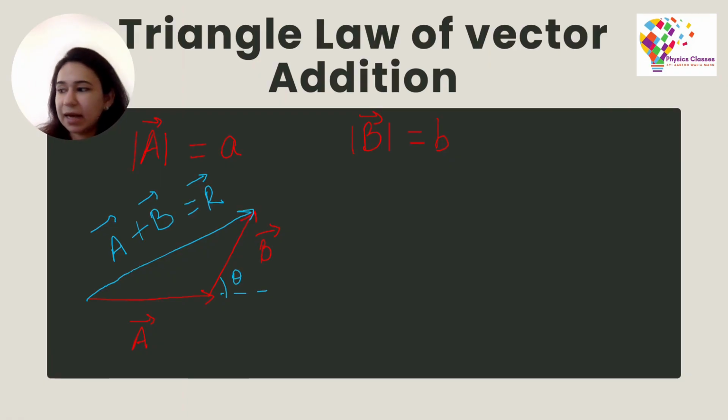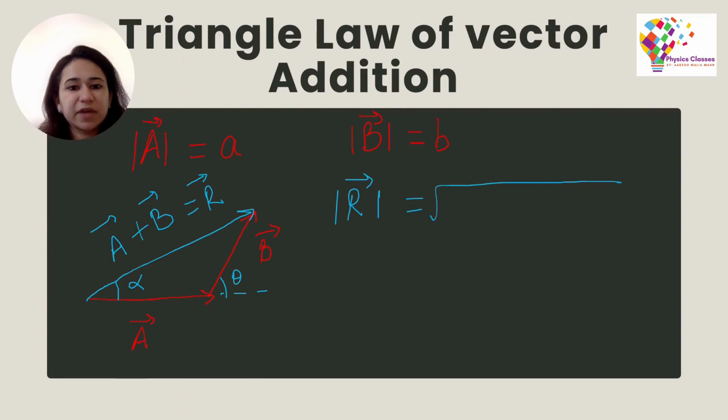Then if I want to write down the magnitude of this resultant vector, the magnitude r would be given by the root of A square, the magnitude of vector A squared, plus B square, the magnitude of vector B squared, plus 2AB cos theta, where theta is the angle that vectors A and B make with one another. So you should be able to find this magnitude.